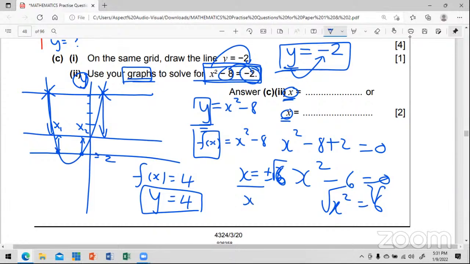You can't use the difference between two squares because 6 is not a perfect square. Only when it's a perfect square, like x squared minus 64 or x squared minus 4. This number has to be a perfect square. Okay, so this is now on graphs.